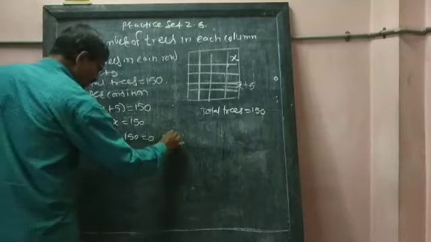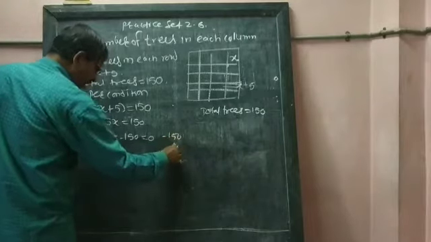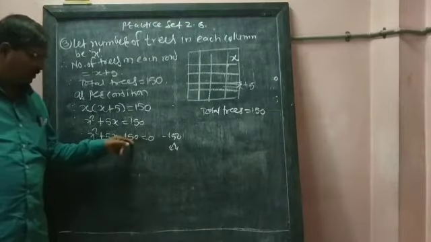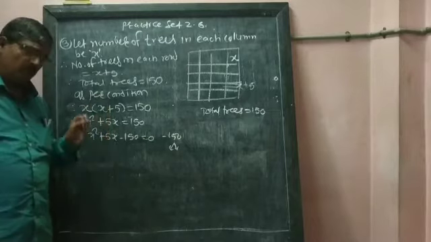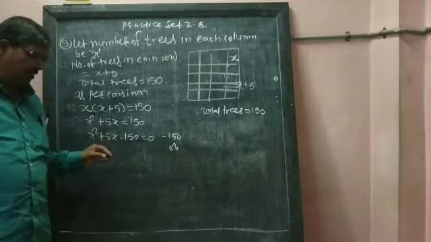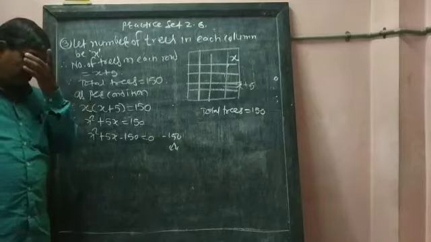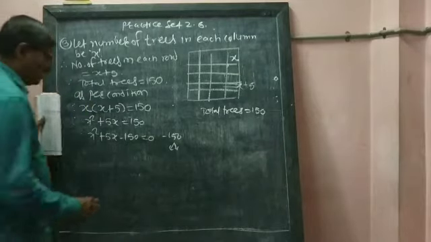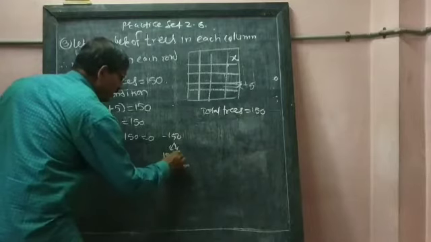Thus minus 150 should be split. You should find two numbers such that their product is equal to the constant term and their sum comes equal to positive 5. It means we should give the positive sign to the greater number. Then here I am taking 15 into minus 10.